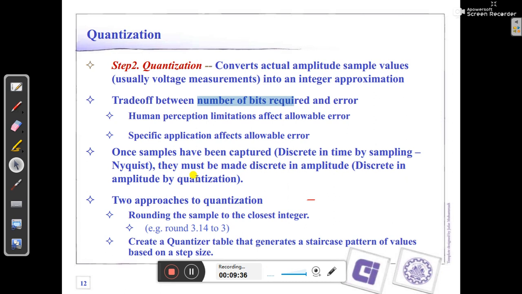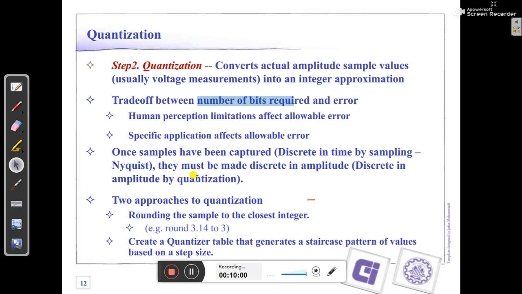There are two approaches for quantization. It might be rounding the sample to the closest integer. Suppose the actual amplitude value is 3.14, then you can round it to the quantized value, that is 3. Or create a quantizer table that generates a staircase pattern of values based on a step size.